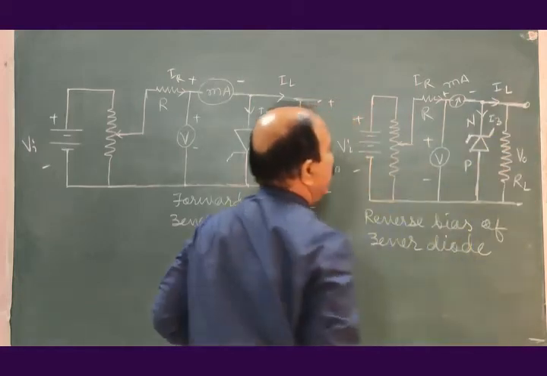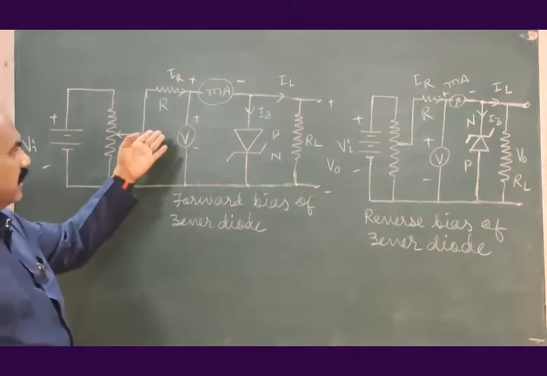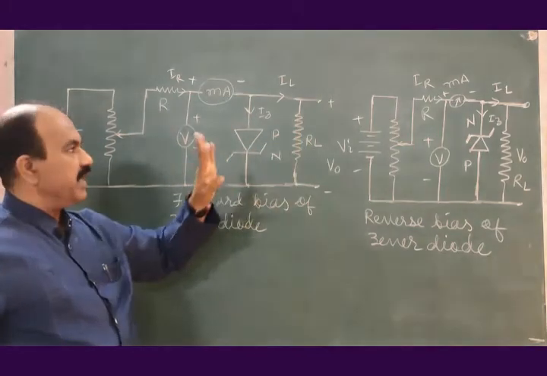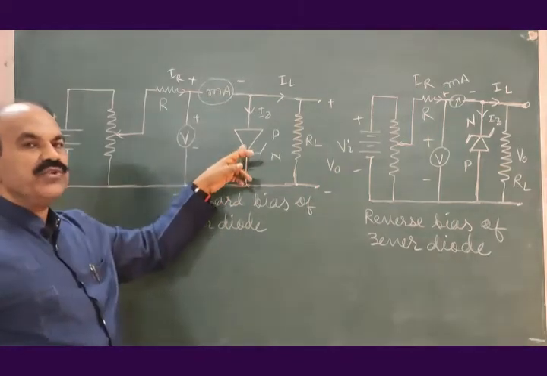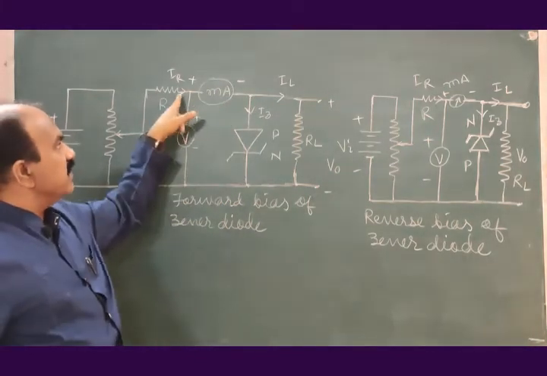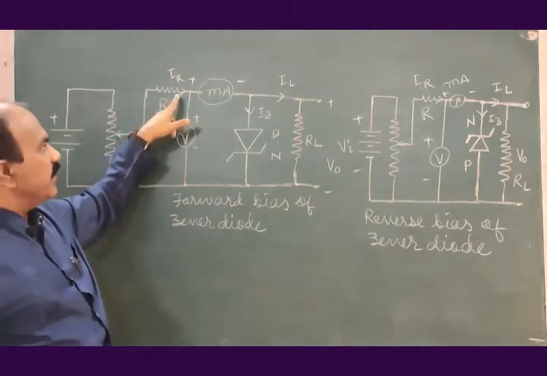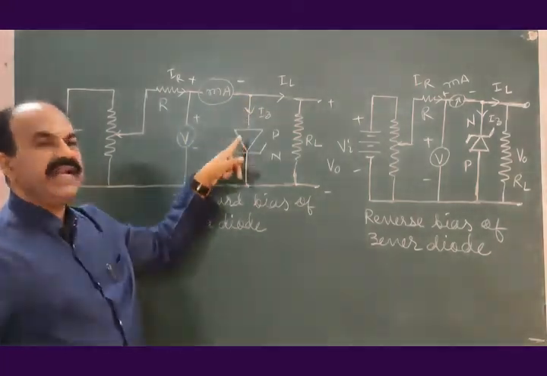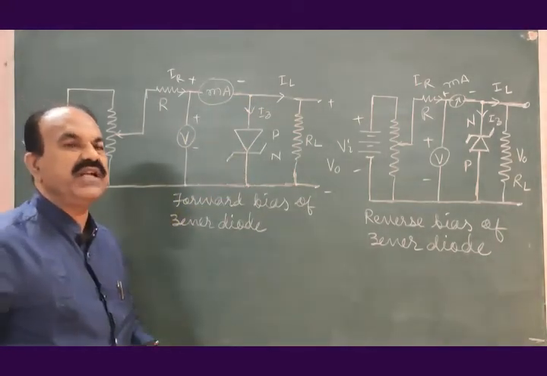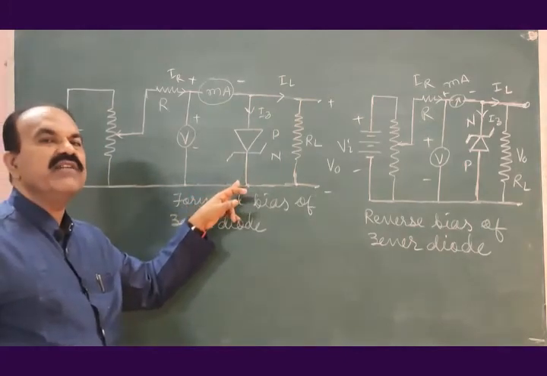Now, this is the load resistance RL. It is also used to control the current flowing through the Zener diode, because this IR is the current flowing through this resistance R. When it comes to here, it gets divided into IL and IZ. So excessive current will not flow through the diode, and the Zener diode can work safely.